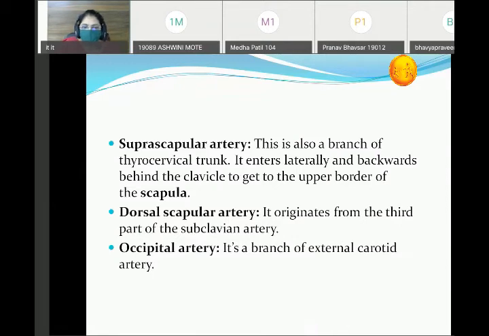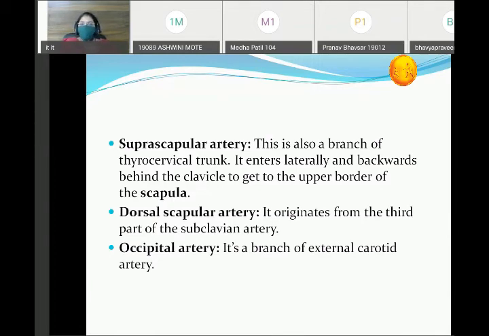Then the arteries, that is the suprascapular artery, which we have studied with the scapula. There is the suprascapular notch on the superior border of the scapula, which is converted into a foramen by a ligament. The suprascapular artery passes through that notch.